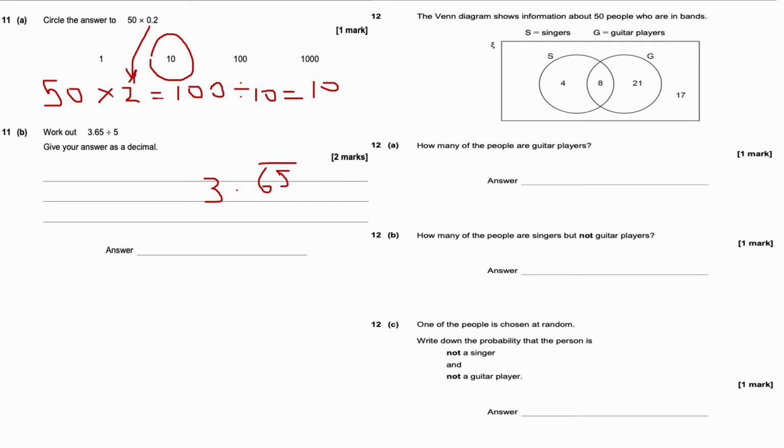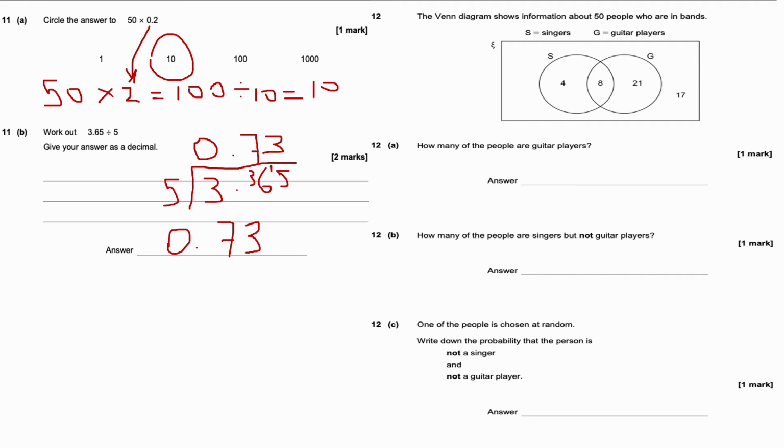So using the bus stop method here, guys, very carefully. 4 into 3 I cannot do, so I'm going to put a 0, put a point there, and carry the 3 for the 6. 4 into 36, or 0.36, is going to be 9, remainder 0. 5s into 15, or 0.015, is going to be 3, so it's going to be 0.73 for that question.